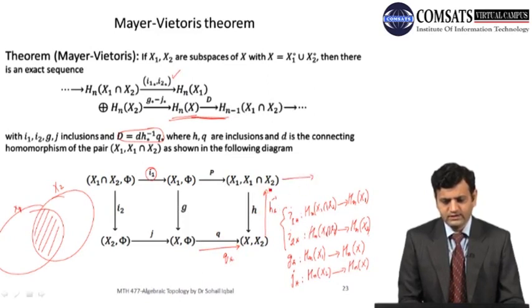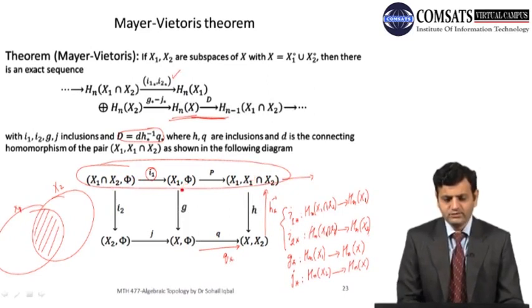Okay, so D is basically the connecting homomorphism coming from this sequence. This sequence will define a sequence between the homologies of X1 intersection X2, X1 and X1 intersection X2. So from that sequence we will have a connecting homomorphism. So D is that connecting homomorphism. Okay, so from these three we can define this connecting homomorphism, capital D. So that's what this MV sequence is.